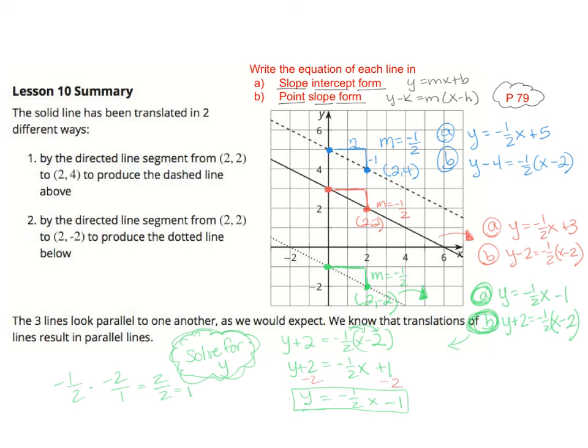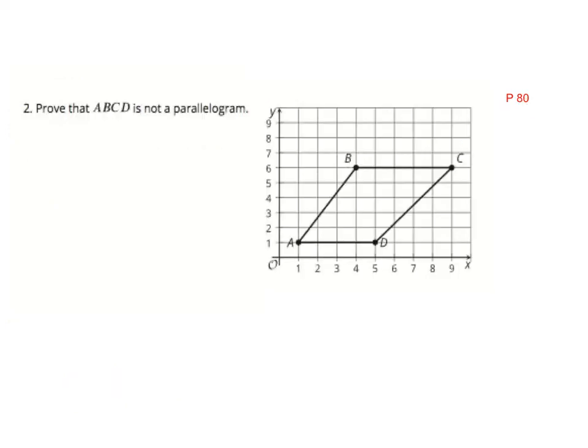So at this time, I'd like to take a look at a problem in your homework. This is on page 80. This is your practice. It says prove ABCD is not a parallelogram. So I want to remind you for a moment what it means to be a parallelogram. So my opposite sides have to be parallel.